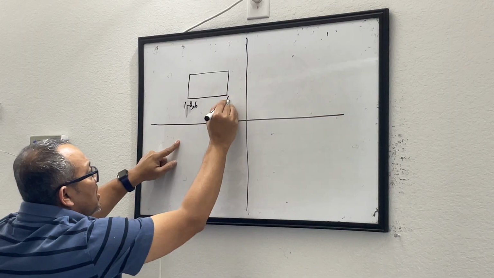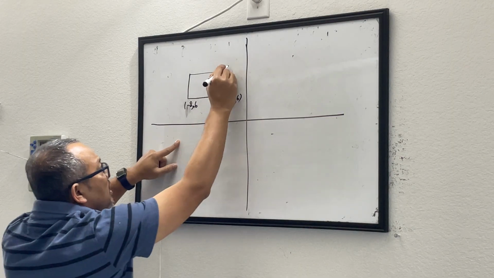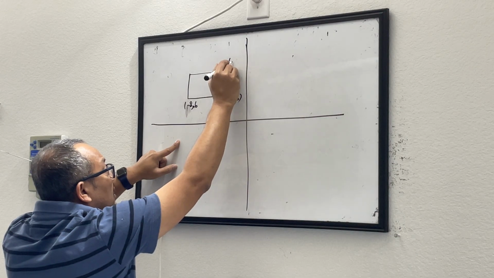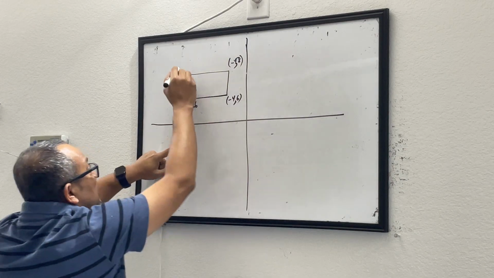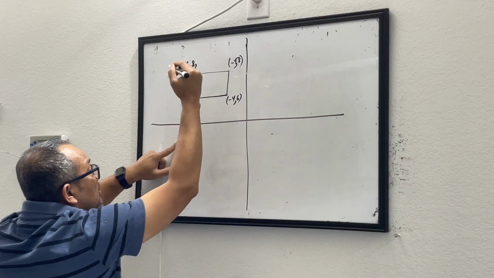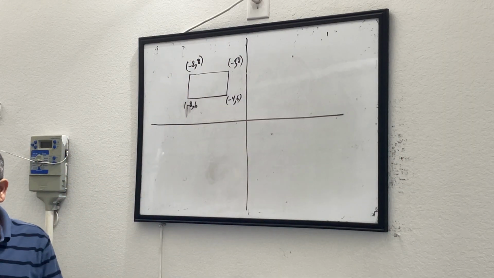This is minus 4, 6. This one has coordinates minus 4, 8. This one has coordinates minus 8, 8. Okay, this was my original.